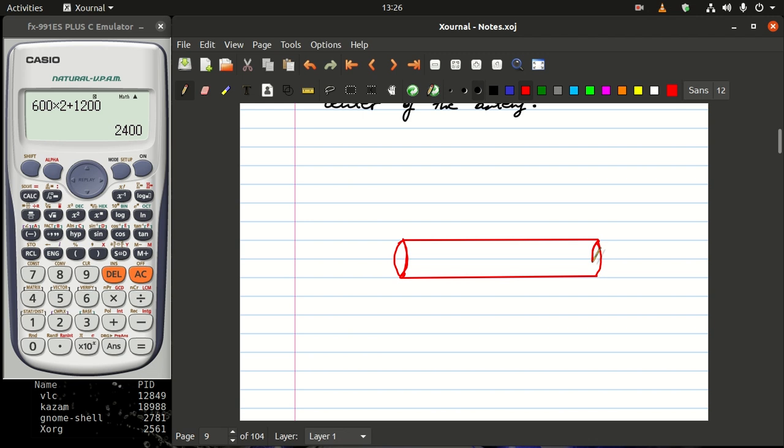According to this problem, if I were to cut this artery, I want the length to be equal to 2 centimeters, moving from this position here to that position there.